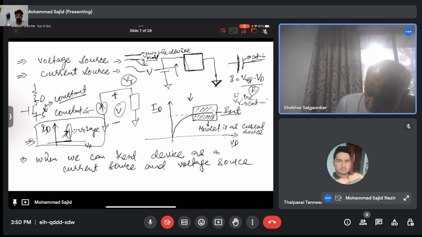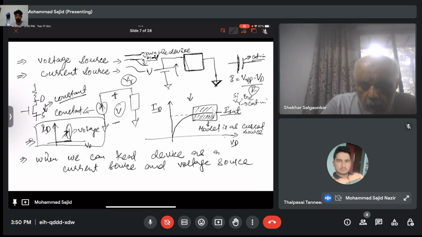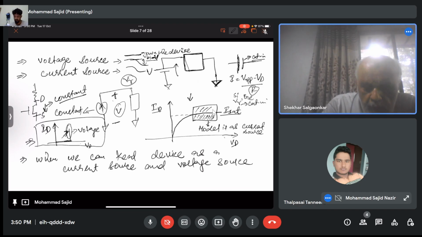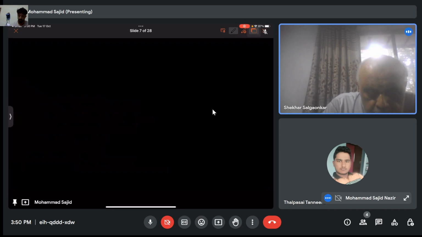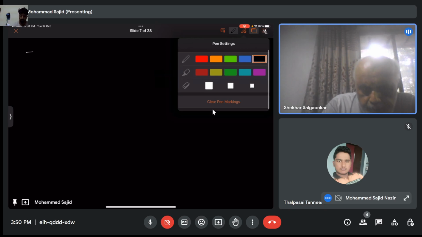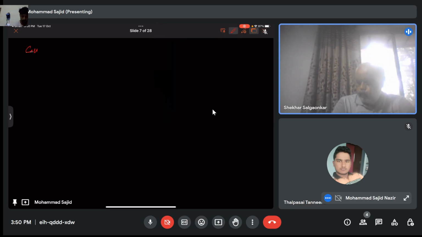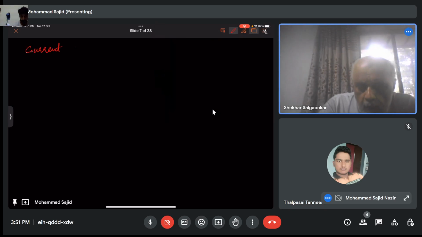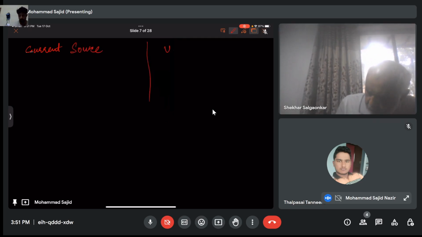Okay. Now, do you know the definition of voltage source and current source? Yes, sir. So look here in this diagram. Let me just note it down here. Current source and voltage source.